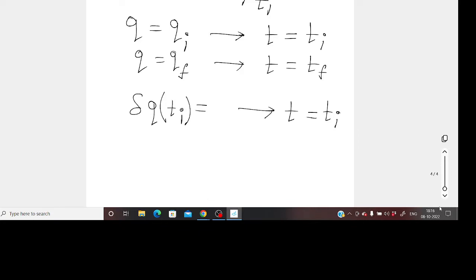Can anyone tell me? QI, sir. Q equal to qi for all the paths. This is constant, right? So what is the difference in q at t equal to ti? This will be 0, right? Because for all the paths this is same.